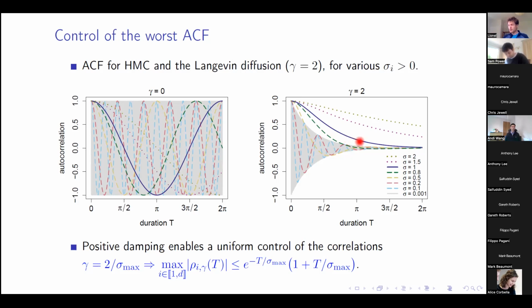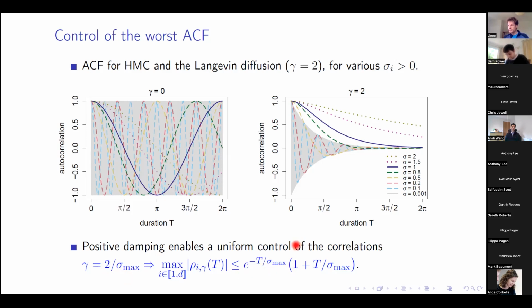So this gives us a nice tuning rule for ensuring control of the worst ACF, which relies on choosing this damping parameter to be the critical choice of damping for the larger scale. And when we do that, it's as if we were just assuming that the reference scale is the largest one, and we get a uniform bound on all these ACFs.